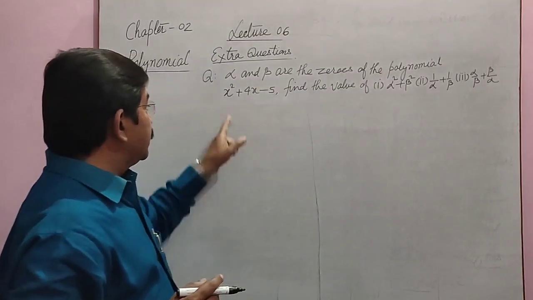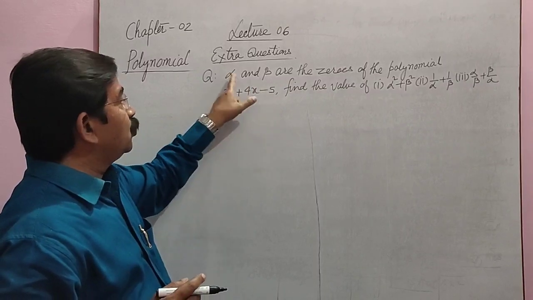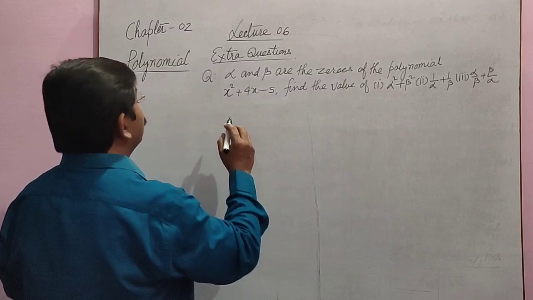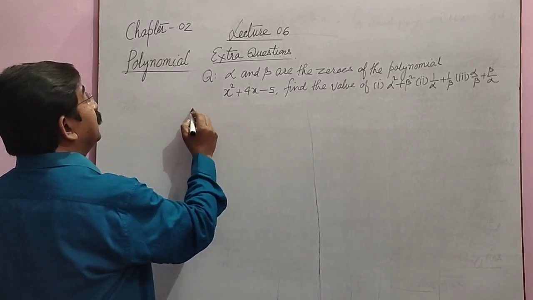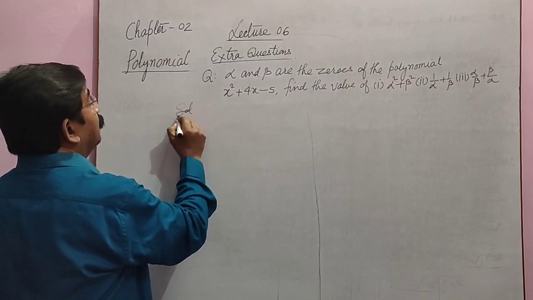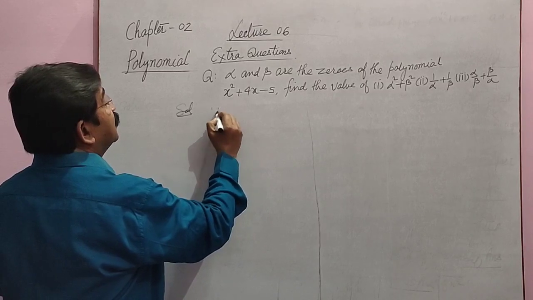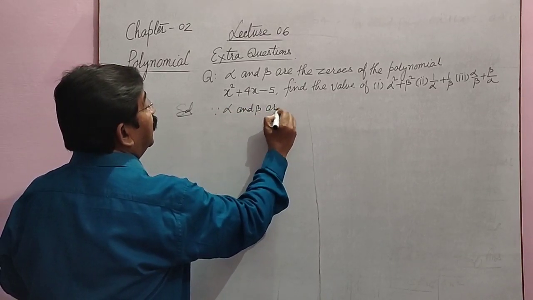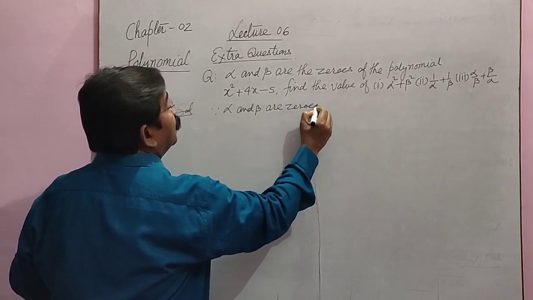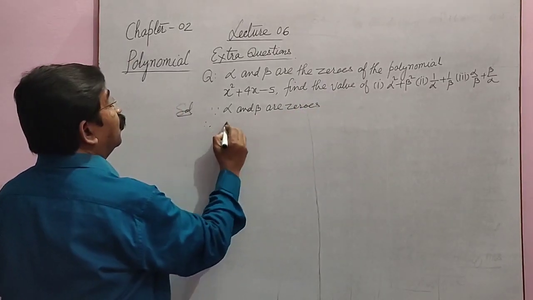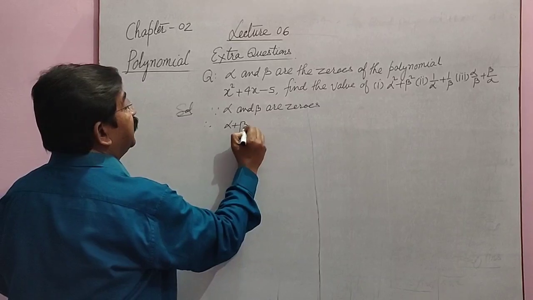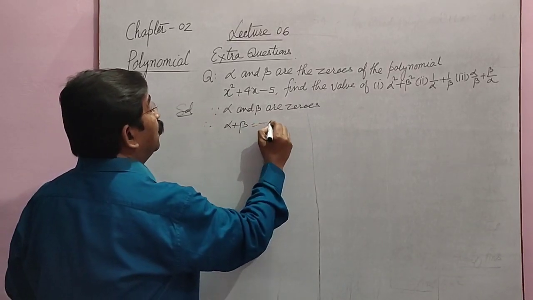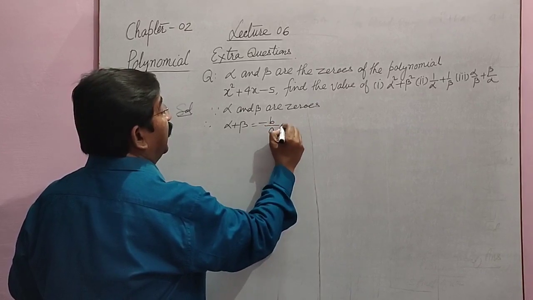Since it is a quadratic polynomial, two zeros are alpha and beta. According to the rule, we can write the solution. Since alpha and beta are zeros, therefore alpha plus beta, that is the sum of zeros, is equal to minus b upon a.